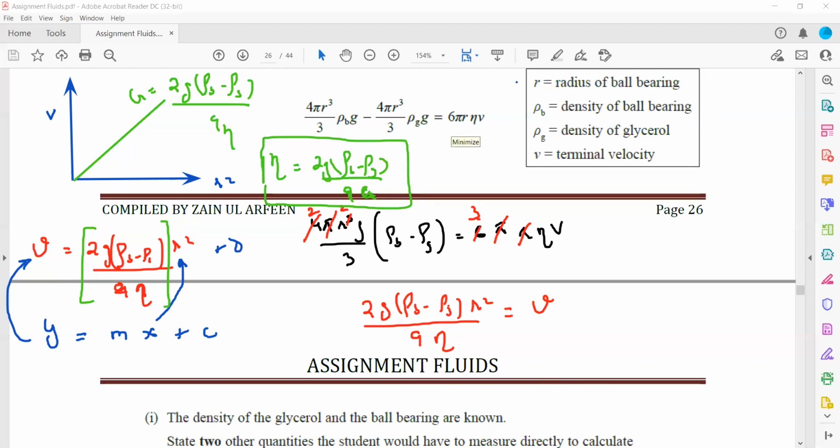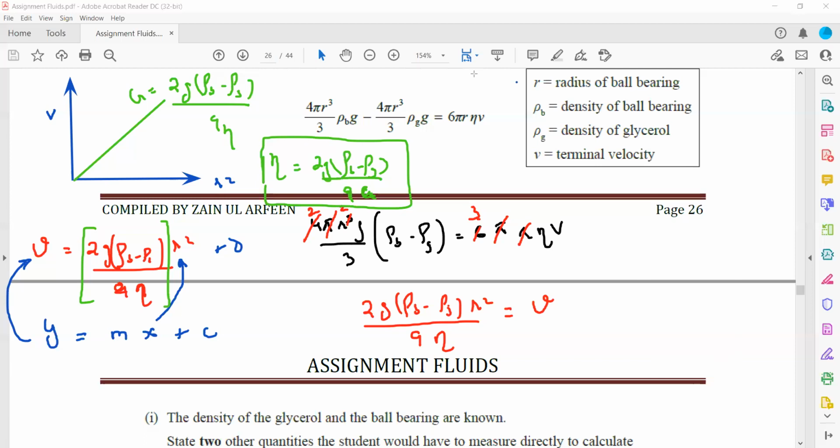Why are we plotting velocity against r square? Because these are the factors which can be changed. If I want to repeat the experiment, the thing which can be changed is the radius of the sphere. The density of the glycerol or the density of the ball bearing cannot be changed, and gravity is constant.